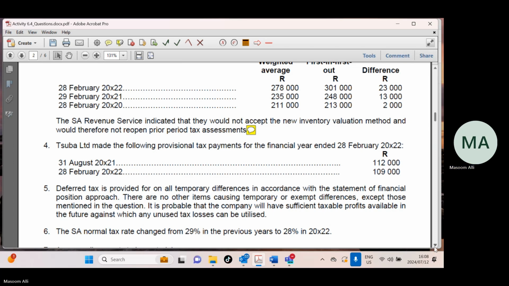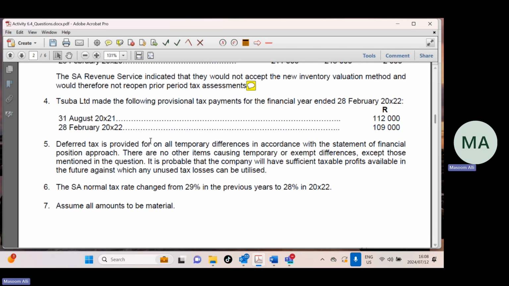And then what else gets said is that the normal tax rate changed from 29% in the previous years to 28% in 2022. All this means is that you need to make an adjustment to your deferred tax to reflect deferred tax at 28%. So you would have that 1% adjustment.